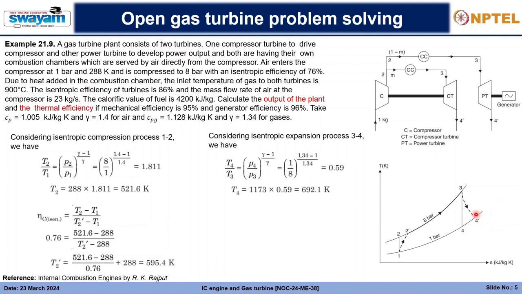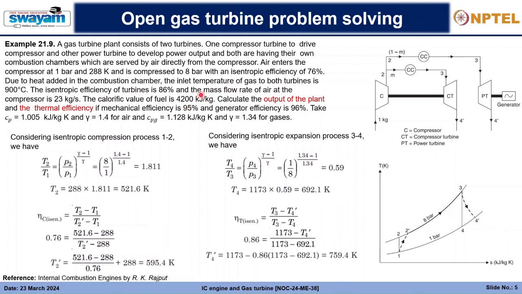For that, we will have to consider the isentropic efficiency of the turbine, and that is this. So we plug in the values. We have only one unknown, that is T4 dash, and we will solve it to find T4 dash equals 759.4 Kelvin. So now we have found the values of T2 dash, T4 dash.